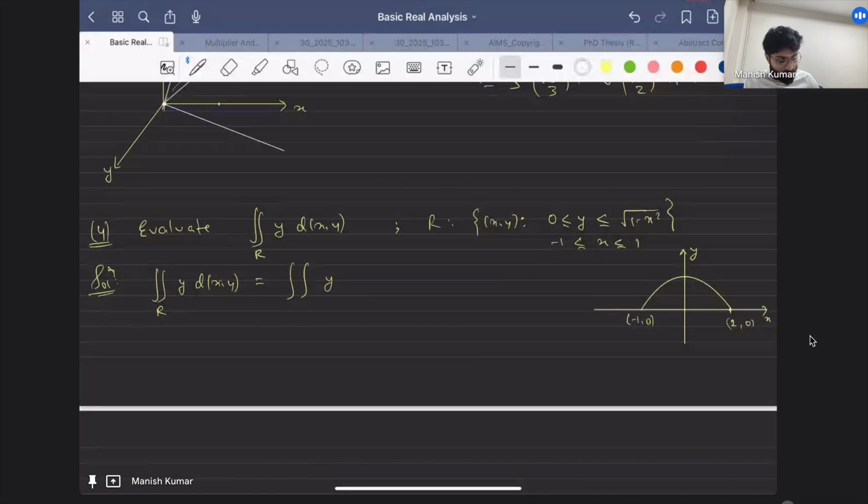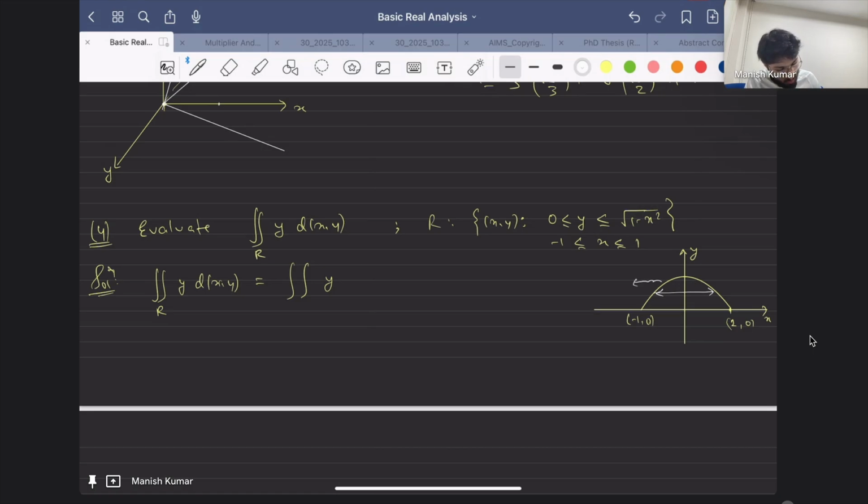Parallel to x-axis. Yes, sir. Okay. But in this case, I think the other way around would be much simpler. Don't you think? Yes, sir. Right? Because, okay, so this can also be done.